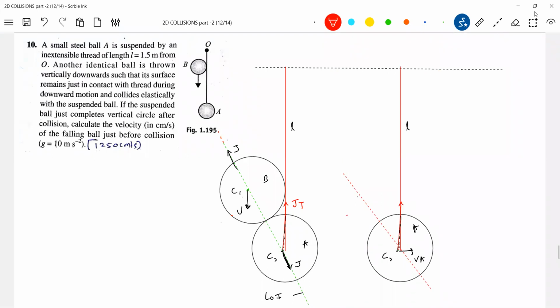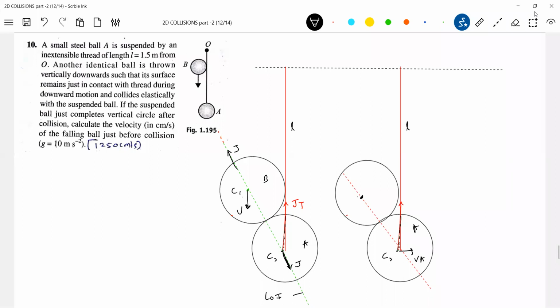So let's show the situation of the other ball. Rough diagram. So this will be the thing.